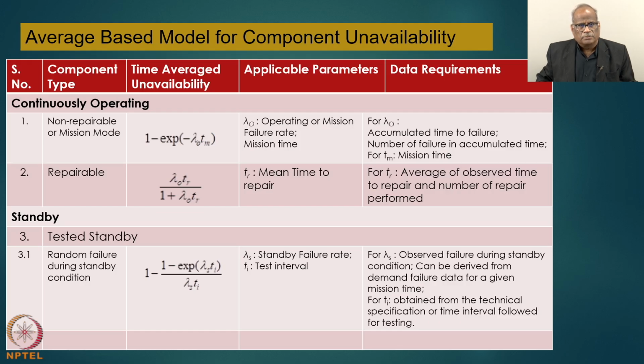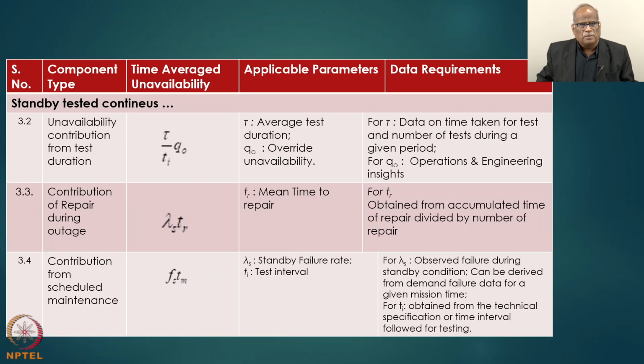Okay, and then unavailability. Now for a standby tested component, Q is the overall unavailability, and tau is the average test duration. Overall unavailability means the period which has been taken for its unavailability. That means we are not bothered about whether this component is available for this particular duration, and that factor has to be there.